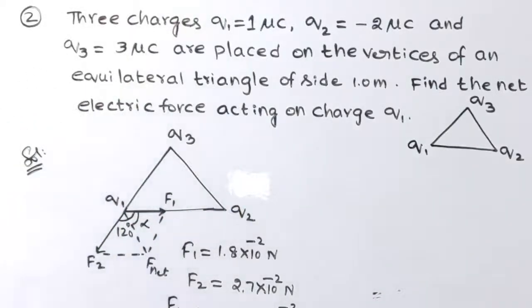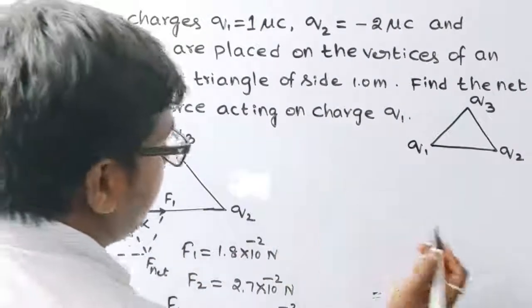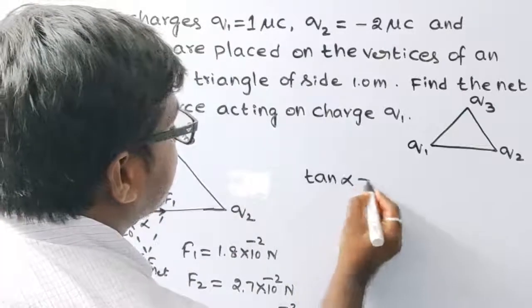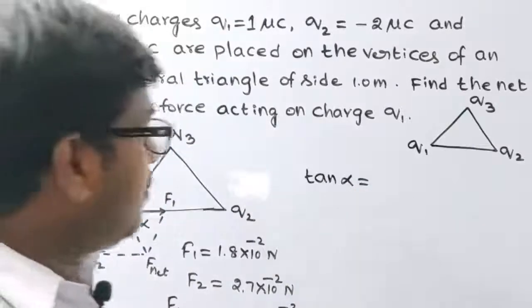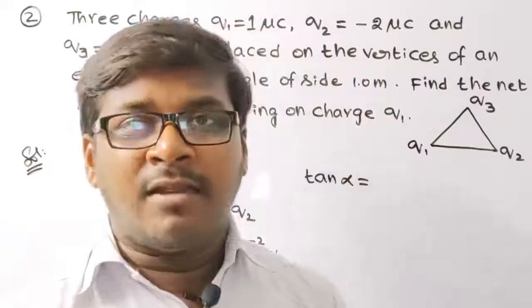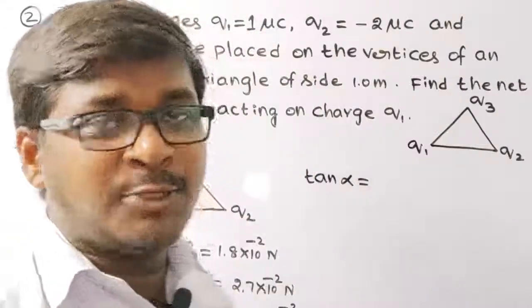Next, to find the direction, tan alpha. This is the parallelogram law of vectors, for magnitude and direction.